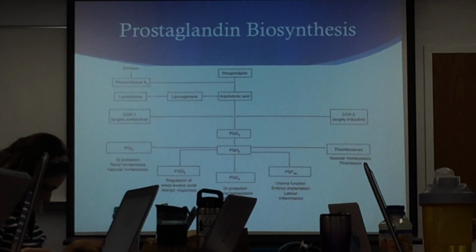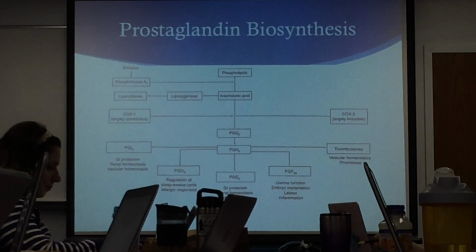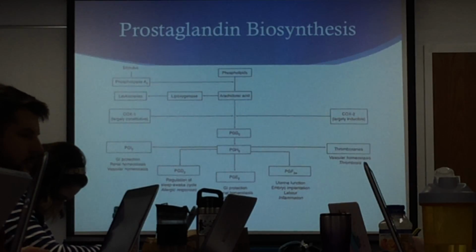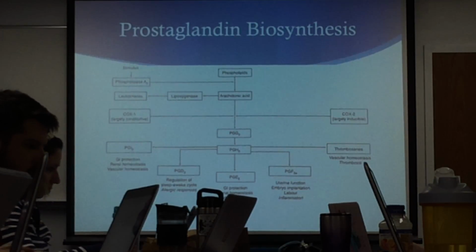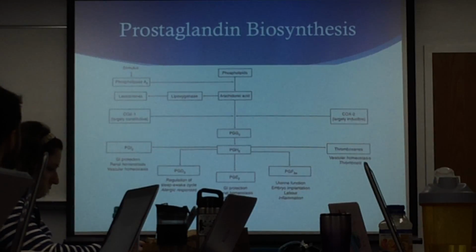So the way this works is a stimulus comes in, in this case it would be like a tissue injury, heat stimulus, something like that. And that stimulus will activate phospholipase A2. So in inflammatory states, phospholipase A2 gets activated, which liberates arachidonic acid from membrane phospholipids. And then cyclooxygenase does its thing. It rapidly generates prostaglandin G2, which is a free radical intermediate that rapidly degrades to prostaglandin H2.